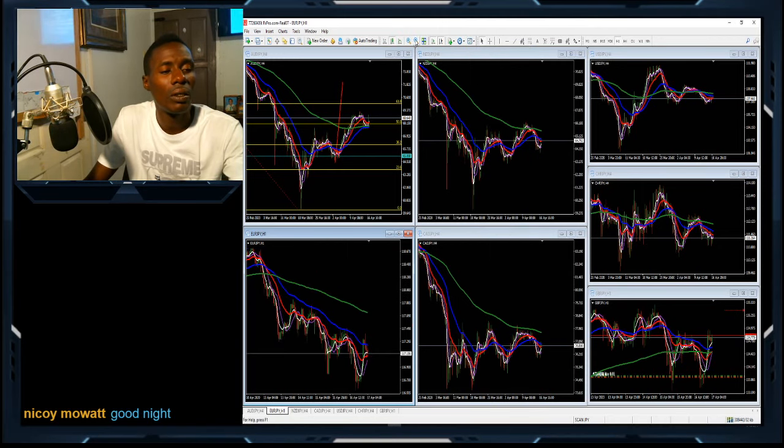Euro yen, Aussie yen, Kiwi yen, USD yen, Swiss yen, and we have pound yen. So basically, I choose the pound asset over the others. I choose the pound yen out of the rest of the other assets.